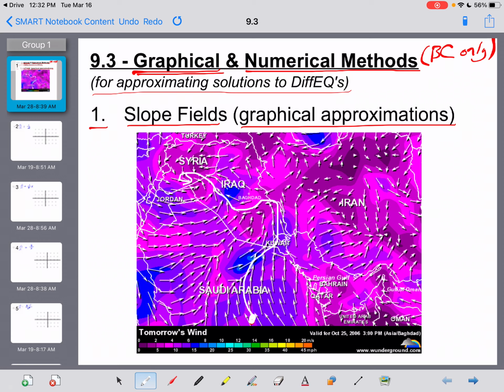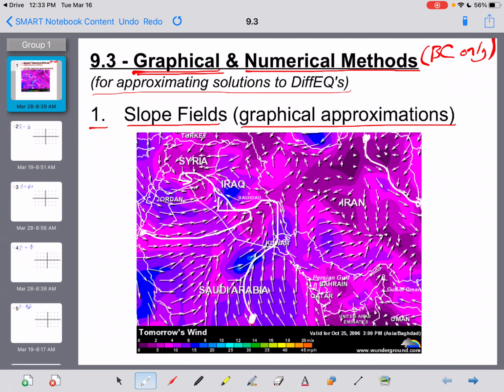Or if I were to drop something over here on this northern end of Iran, that might swirl here and come down a little bit. And I'm basically just following the arrows here. And I can get a sense, not perfect, but I can get a sense for where this object might end up going, following those wind currents there.